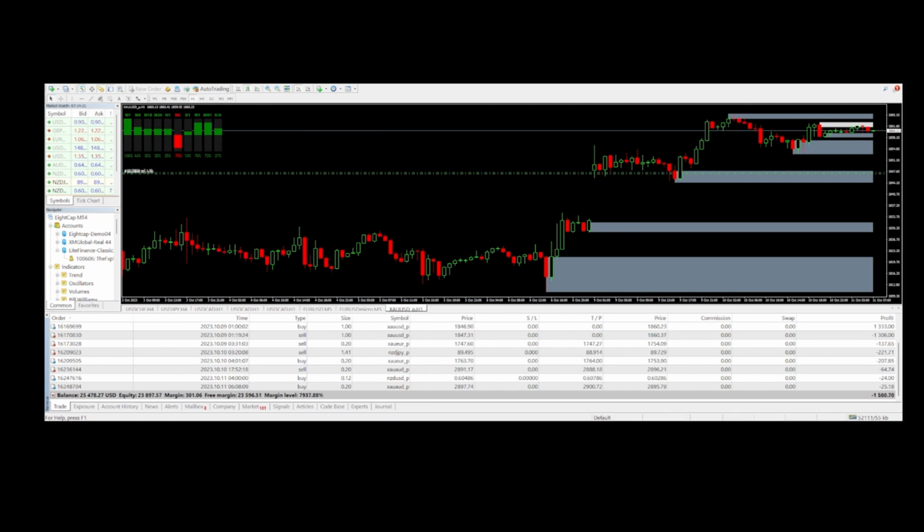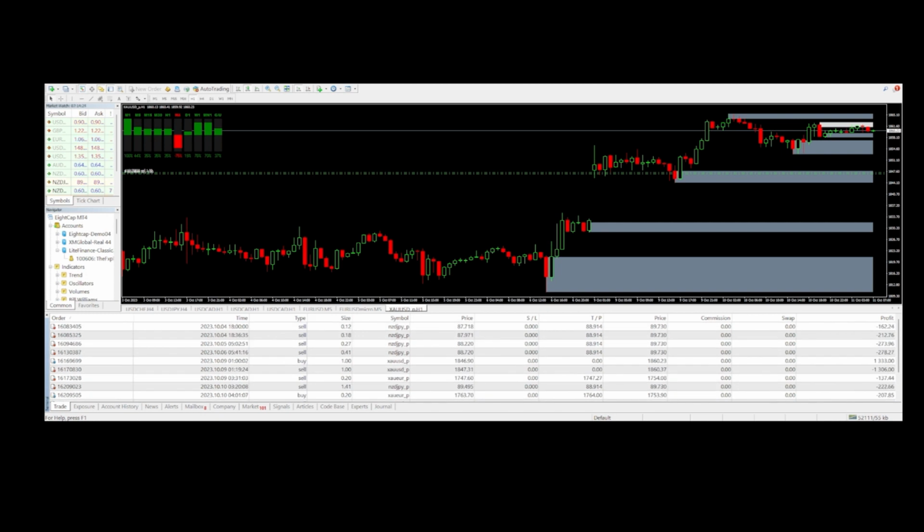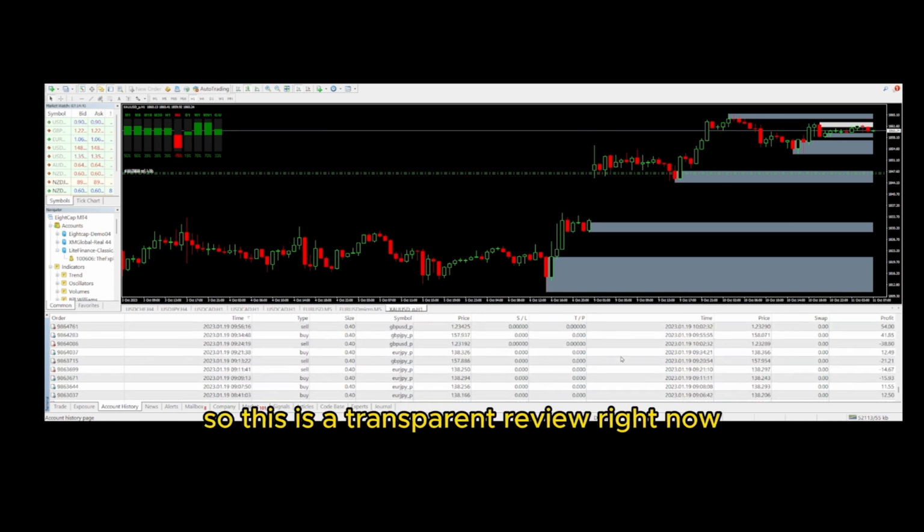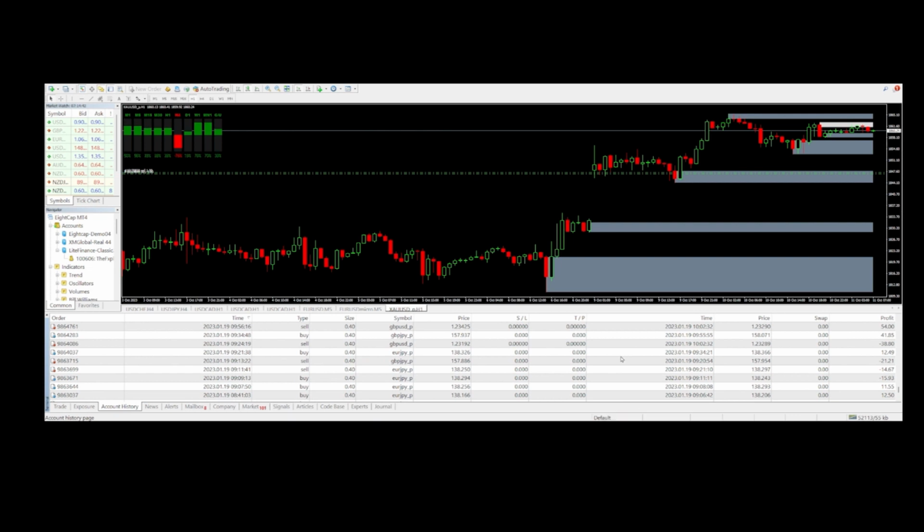There is a size of 1.41, position 0.1, and so on. And you can see the total in the actual history of this account. So this is a transparent review. Since this is a VIP client, the MyFXBook is not public.